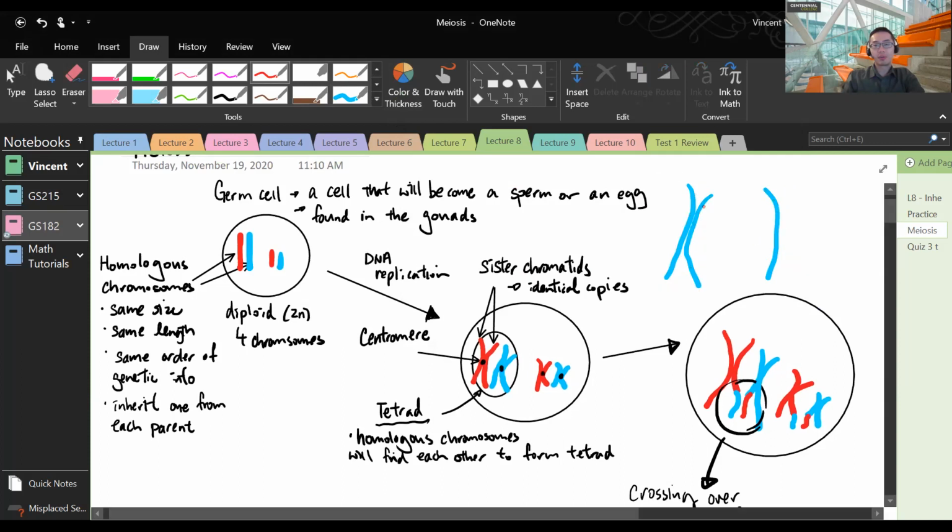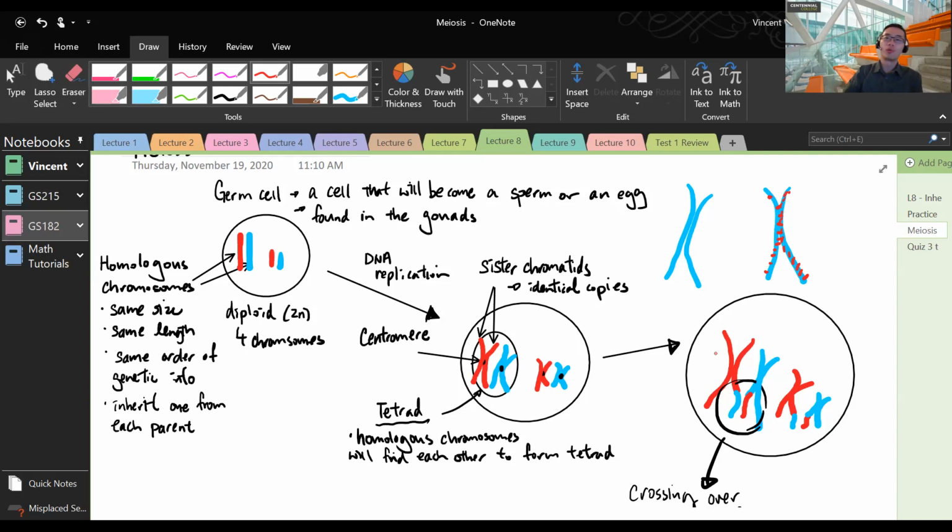So this is before crossing over, and then after crossing over, it's just going to be all mixed up, with red all over the place. My point is just that it doesn't just occur at the tip. It occurs along the entire length of the chromosome. And same thing for the red one, it's going to have blue all over it.